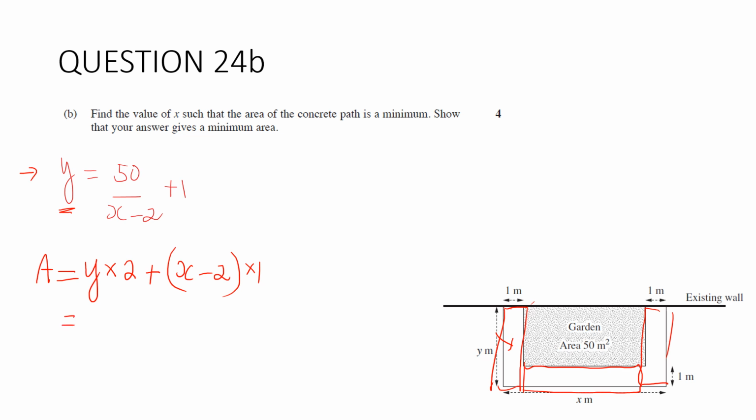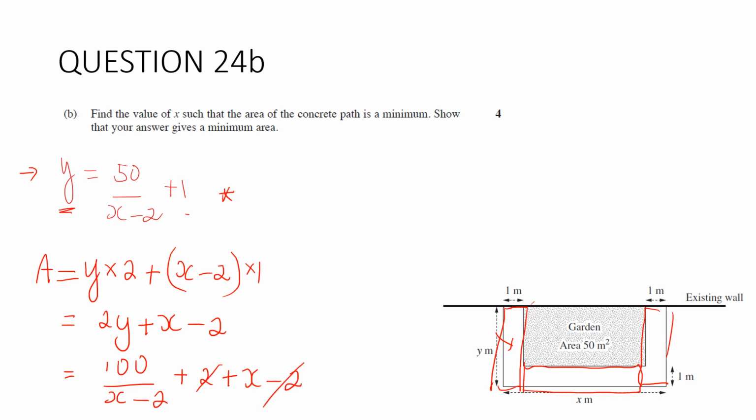So that's 2y plus x minus 2. Now let's substitute this in, which gives us 2 lots of 50, which is 100, over x minus 2, plus 2 lots of 1, plus x minus 2. They cancel out.